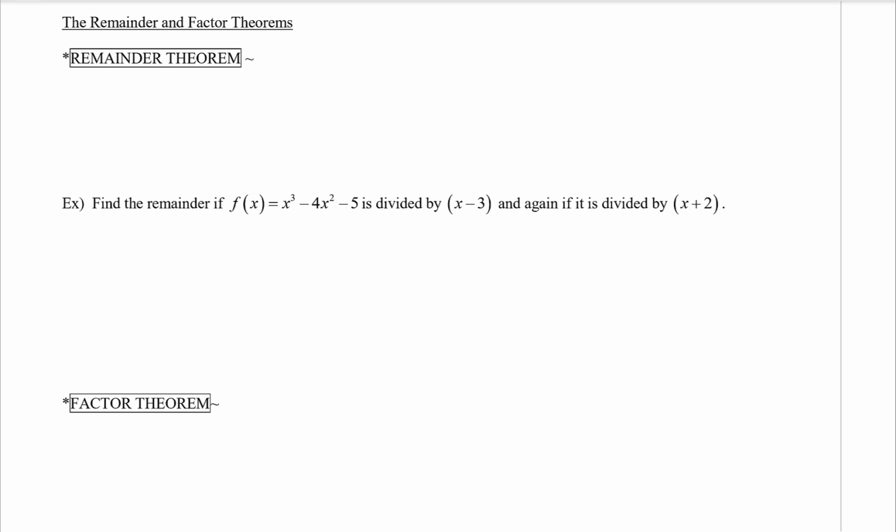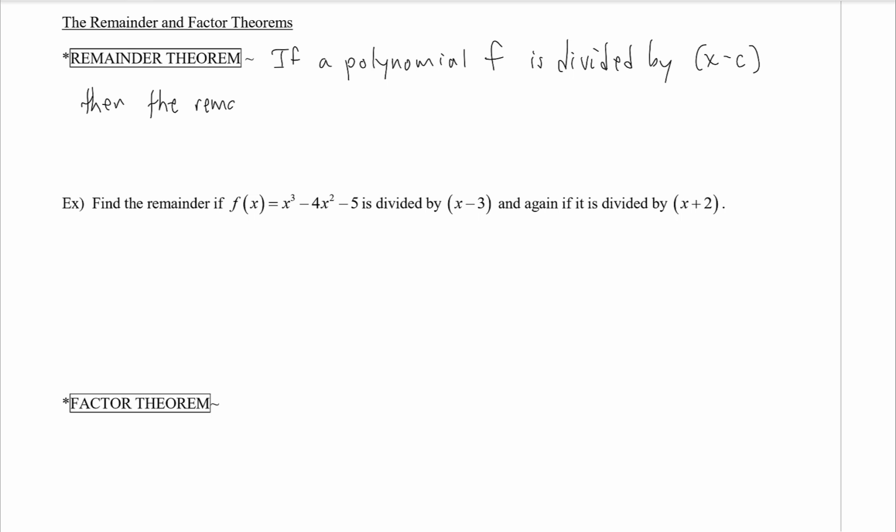So the remainder theorem says that if a polynomial f is divided by a linear factor, x minus c, then the remainder will simply be the y value for that x value.